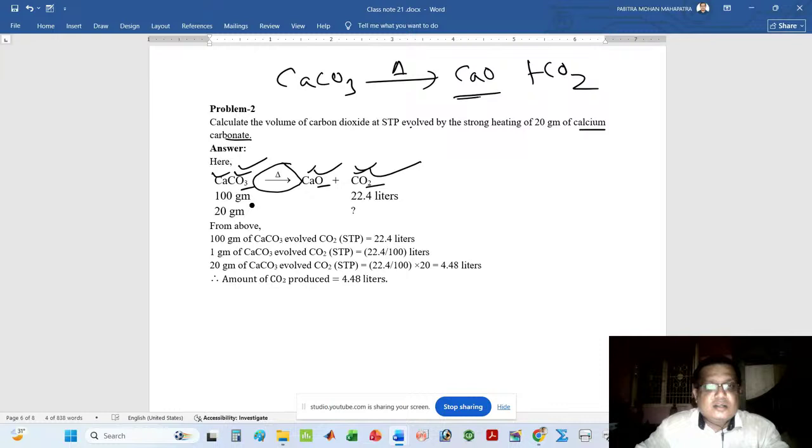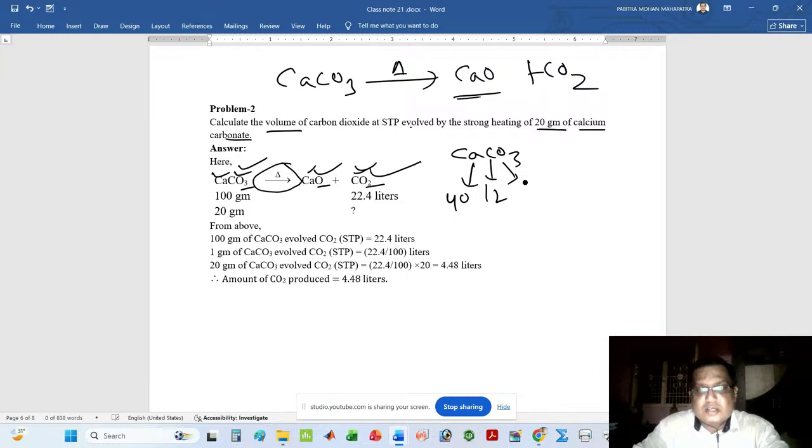Now apply the stoichiometric relation. Here mass is given, target is to find out the volume. Look at that. If you think about the molecular mass of calcium carbonate, for calcium 40, carbon 12, oxygen 16, that is 3 into 16.